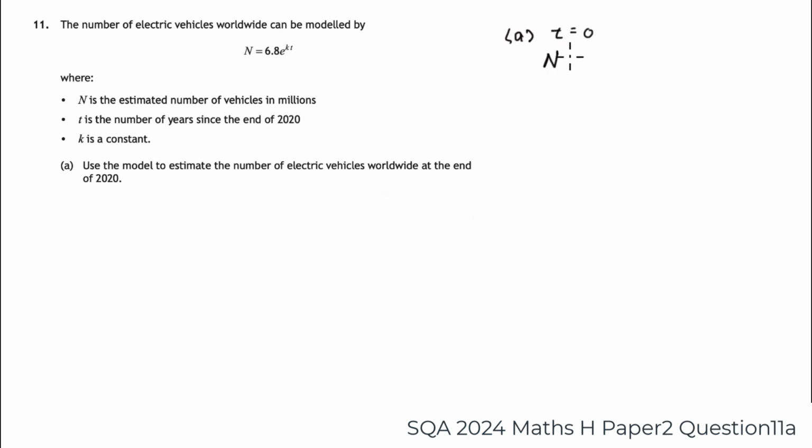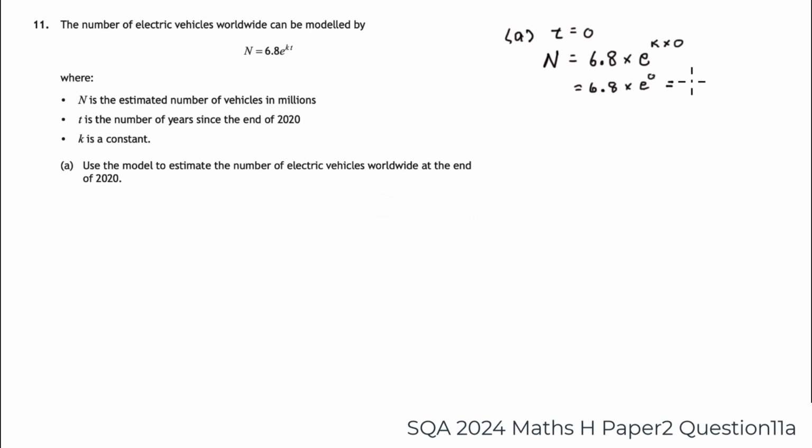So let's calculate that. Number of vehicles worldwide in millions will be 6.8 times e raised to the power k times 0. Now that's 6.8 times e to the power 0. And e to the power 0, any number to the power 0 will be 1.